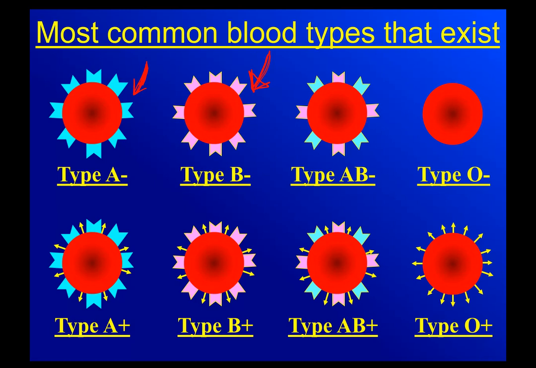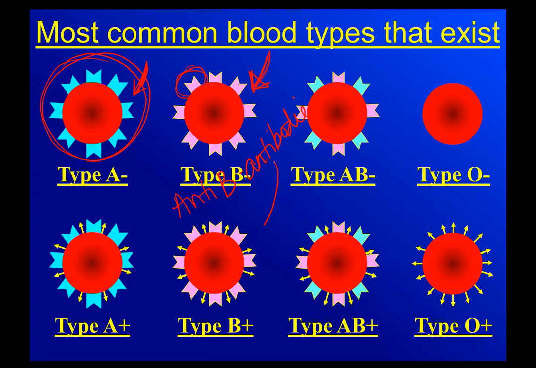The body's going to go, wait a minute, well, what is that? That doesn't belong here, because the body isn't used to that. It's used to the A antigen. So the B antigen is a foreign antigen. If that happens, that person's body, type A person's body, will make anti-B antigens. Antibodies.